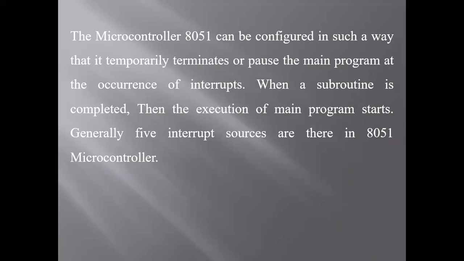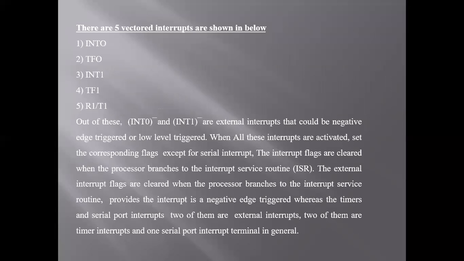The microcontroller 8051 can be configured in such a way that it temporarily terminates or pauses the main program at the occurrence of interrupts. When the subroutine is completed, then the execution of the main program resumes. Generally, 5 interrupt sources are there in an 8051 microcontroller. There are five vector interrupts shown below.